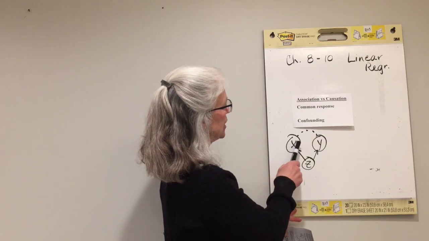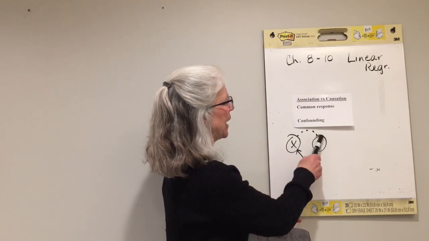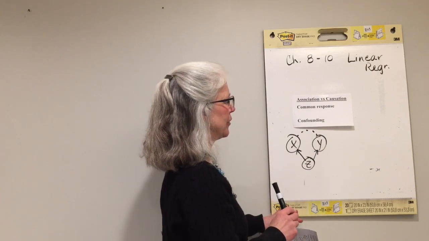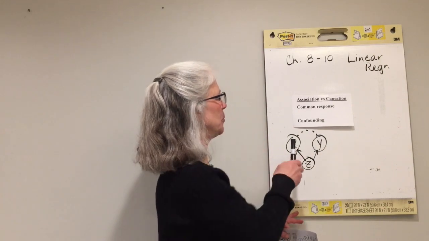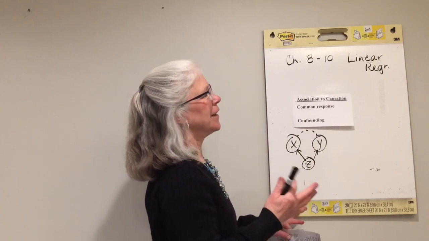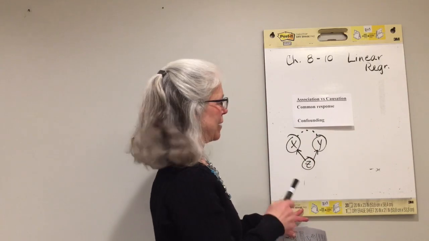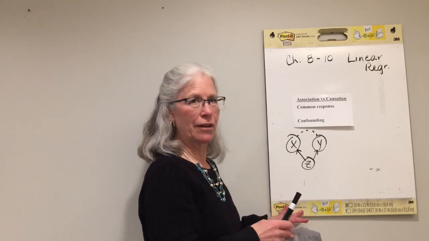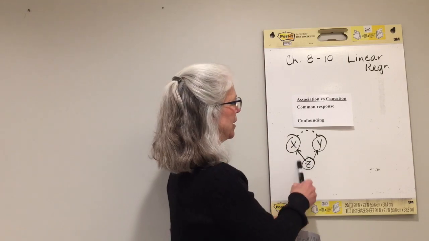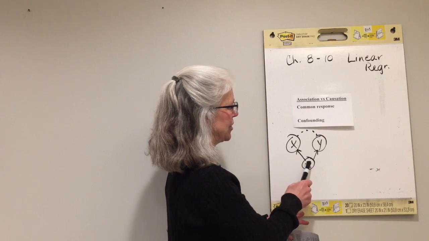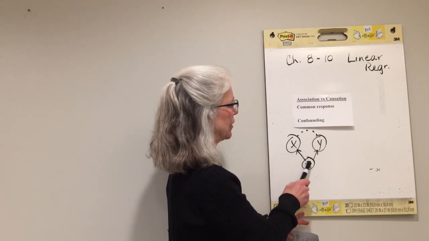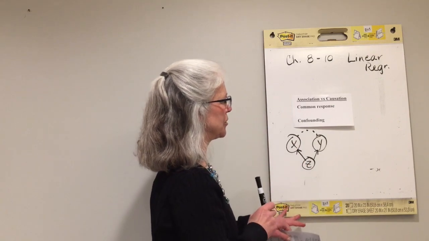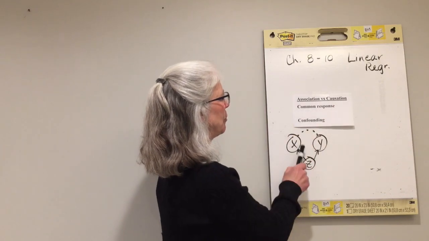So there is an association between people with big ears and having a lot of knowledge. So the question is if we can all stretch our ears a little bit, if we'll gain knowledge. But I had my doubts, and he admitted yes. It's just that people who are older have bigger ears. And so the true lurking variable is age. As people get older, their ears get bigger, and as people get older, they gain more knowledge. So that is common response.